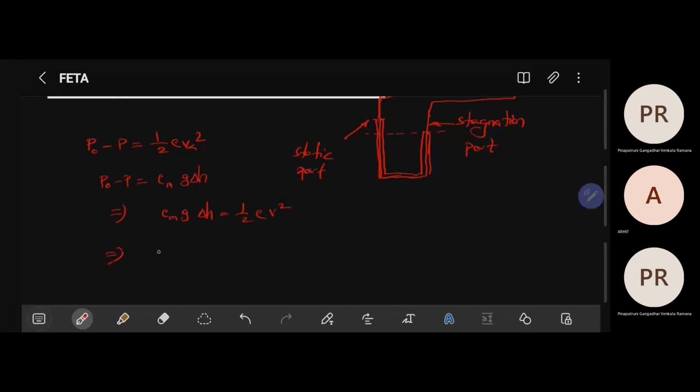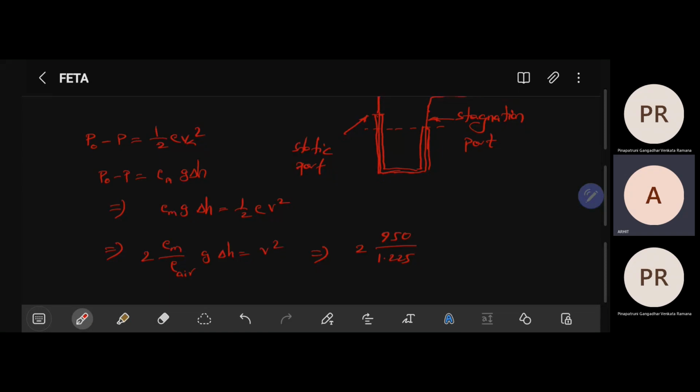So what you will get is rho m by rho air, g delta h equals 2v square, 2 times 950 over 1.225. V equals 8.8119.